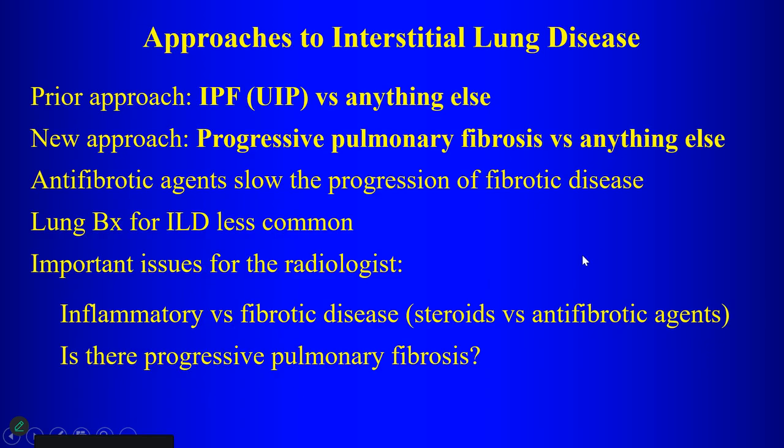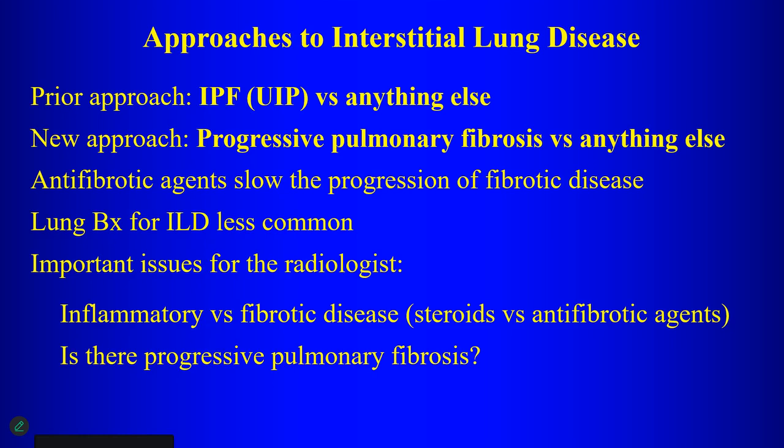Now, the approach, as far as we're concerned, to interstitial lung disease, the prior approach has been to decide if it's UIP or IPF as opposed to anything else. So is it UIP or is it not UIP? Now we're moving more towards deciding whether we're dealing with a fibrotic lung disease, especially is it progressing on serial examinations?